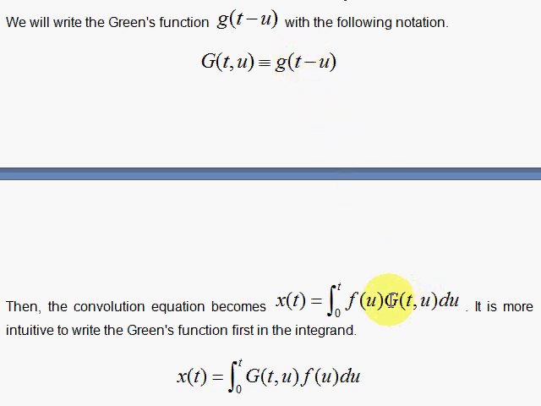You go here with the Green's function capital G to replace this, and then intuitively it makes sense to put this factor on the left side where you can see that the u becomes a t. So as we integrate over all the u's, the Green's function is pulling, you might say, the result here to get you your final answer, working on those individual f of u's.